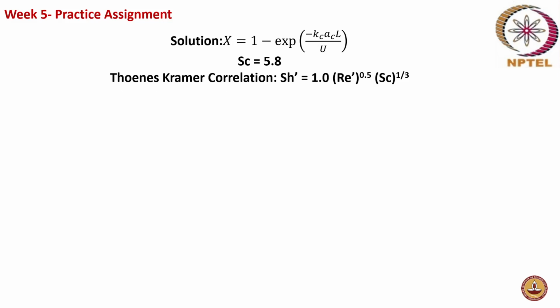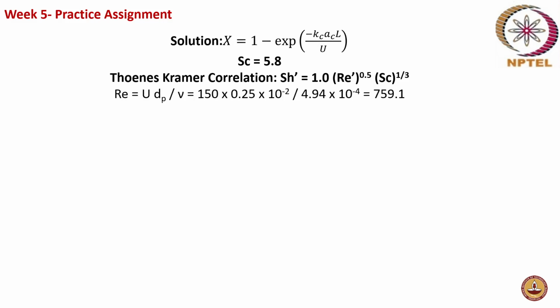Now we have to think, should we use any equivalent diameter? No, right? Because here we are using a spherical particle itself. So there is no calculation of equivalent diameter. Whatever diameter of the catalyst pellet is given is going to be used for estimating the Reynolds number.